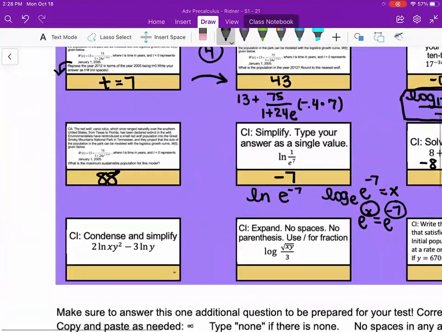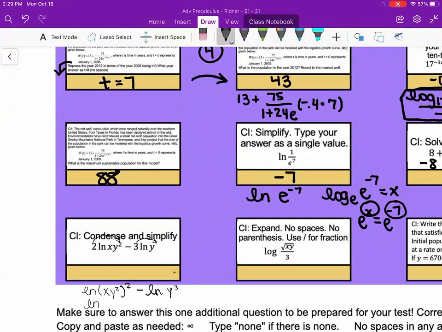If I am condensing, I need to first bring the number out front up as a squared there. That was a terrible squared. The y becomes y cubed, because again, you are bringing those numbers up as exponents according to the property.